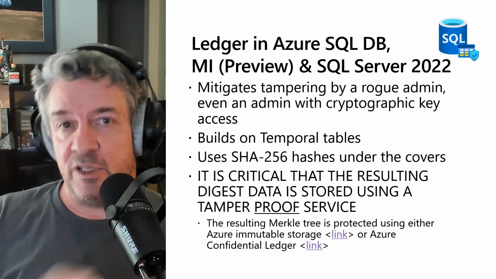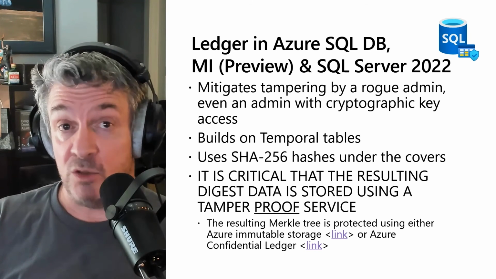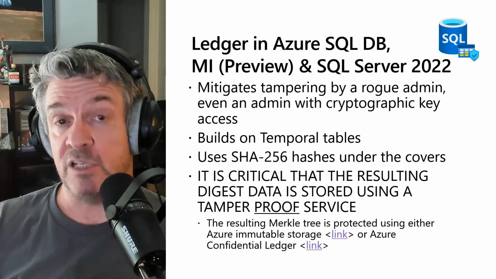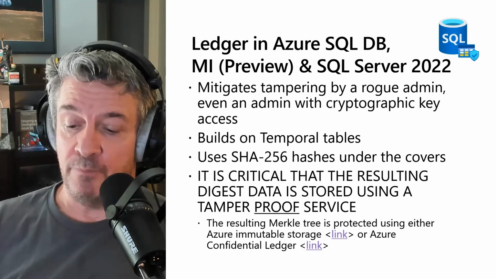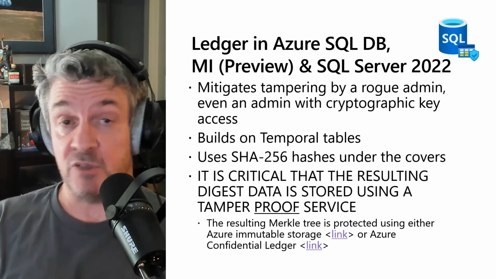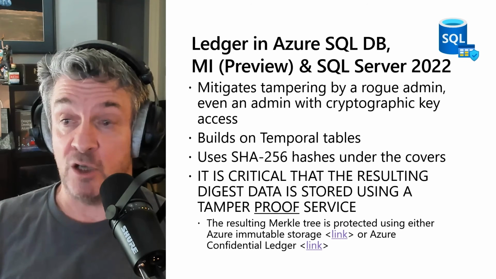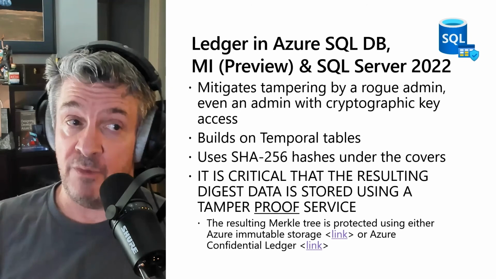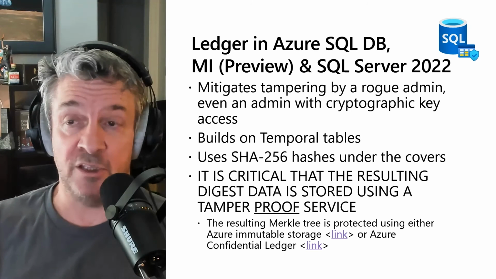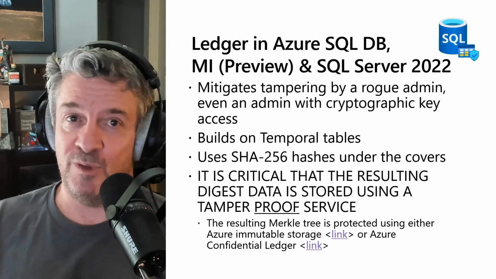But it's critically important that you store that Merkle tree on a tamper-proof service, and you really have two options: a storage account with the immutability bit flipped, so it's immutable storage, or Azure Confidential Ledger. Either way, they are tamper-proof. It's hard to change.